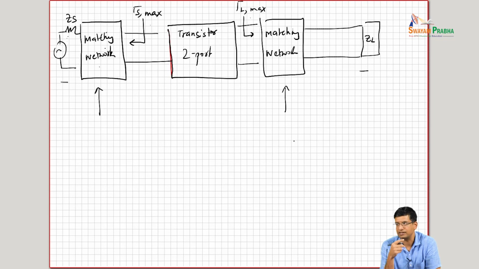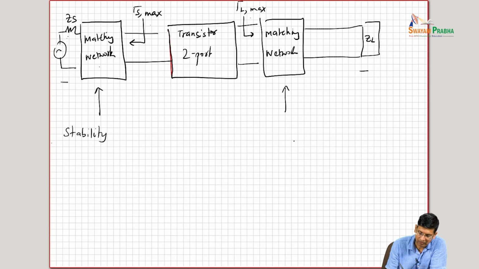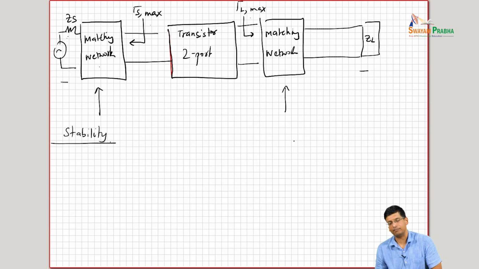But one of the other constraints that we place on ourselves is: is this network going to be stable, right? We asked ourselves, is the amplifier going to be stable? And by stability, there are many ways to look at it, right?